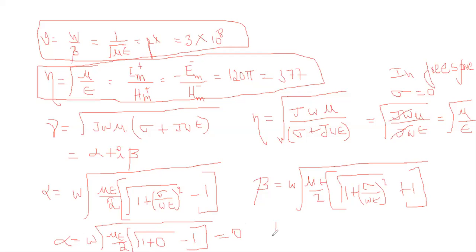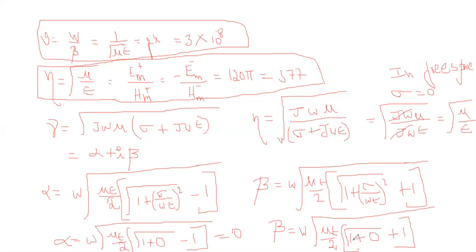Coming to beta, beta is equal to omega under root of mu epsilon by 2, and similarly here also sigma is 0. But in beta it is not minus 1, it is plus 1.